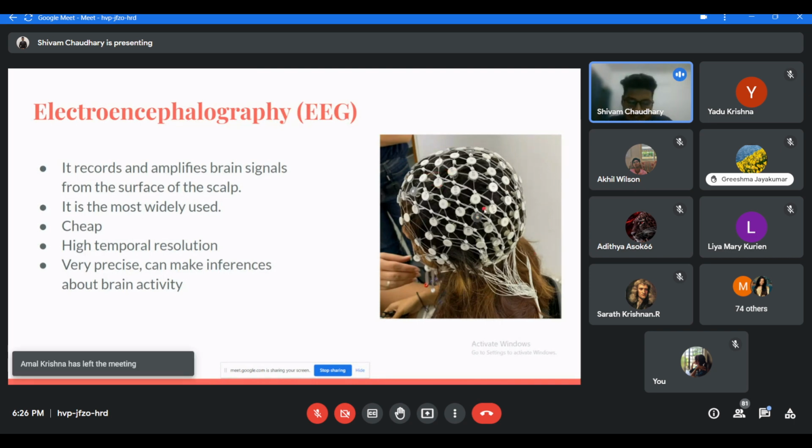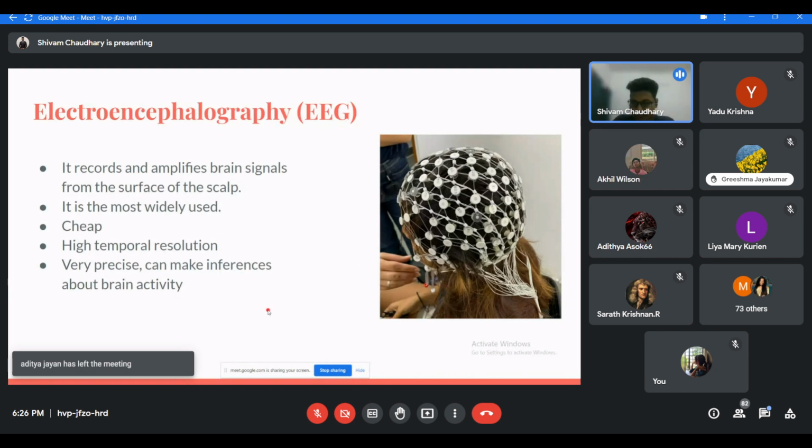You can also record it even if the hair comes in between, it doesn't affect the recording much because the signals are eventually amplified. It is used very widely. It is relatively cheap. It has high temporal resolution, meaning you can get activity up to a millisecond, and differentiate between activity even if they are milliseconds apart.